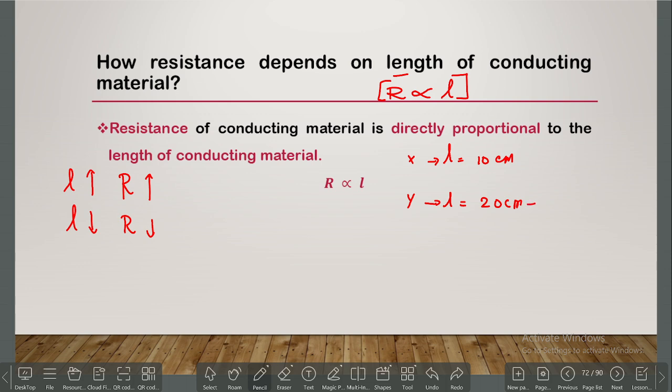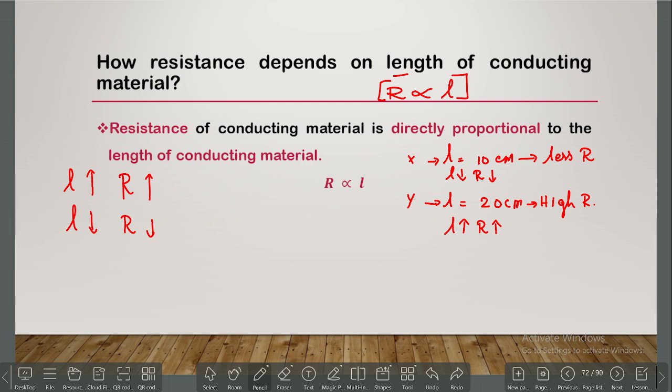Y only is going to have high resistance. What is the reason? Because the length is high. If length is high, resistance also will be high, whereas conductor X will offer less resistance. Reason: here the length is less, so the resistance will be less.